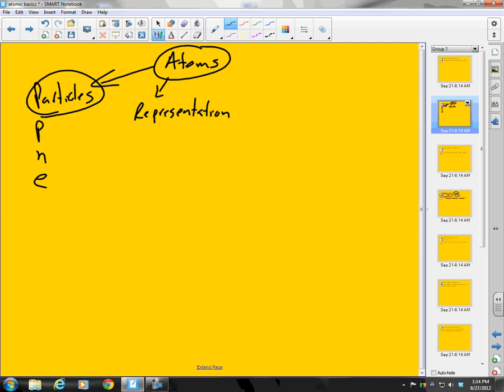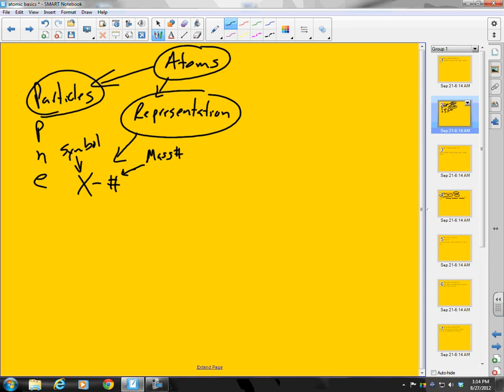One way I could represent atoms is an X dash number, where X was the symbol for the element and the number was the mass number. The mass number is equal to the number of protons plus the number of neutrons. Good. There's another way that we can represent atoms, with a big X, and then a Y, Z, and something like that.